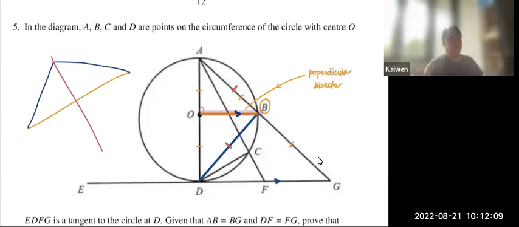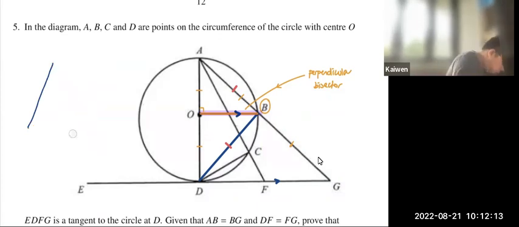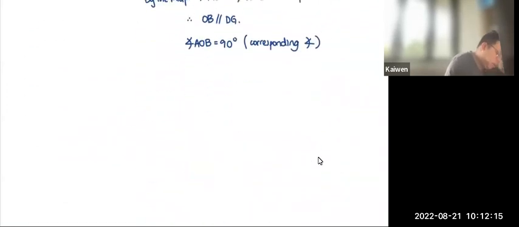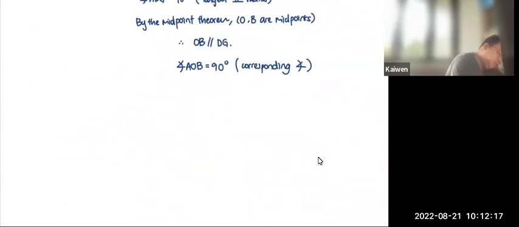And I believe this is one of the theorems that you learn in E Math, so you can use this theorem here, the perpendicular bisector properties. So this is the full solution. Those two lengths are equal, hence this is an isosceles triangle. So we're going to say now that OB is a perpendicular bisector.